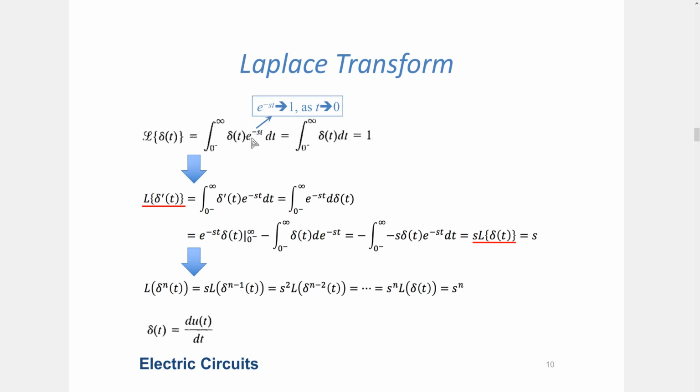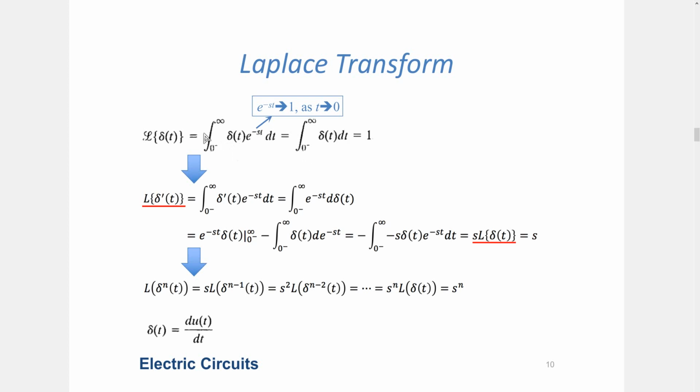So because of that, I can simply take the value of the function at the point t equals 0 as the calculated integral value. So when I take the Laplace transform of the Dirac delta function, I'm going to get a 1. This relationship is important for us.